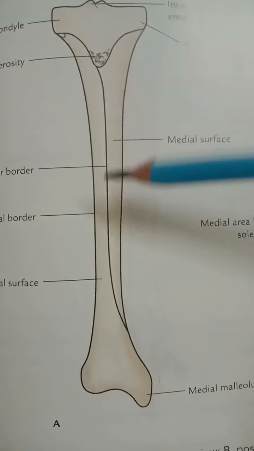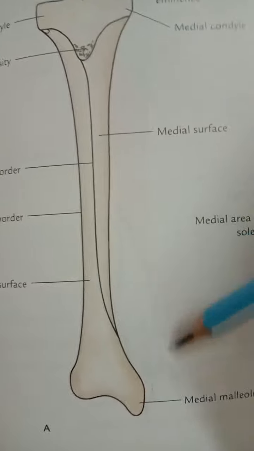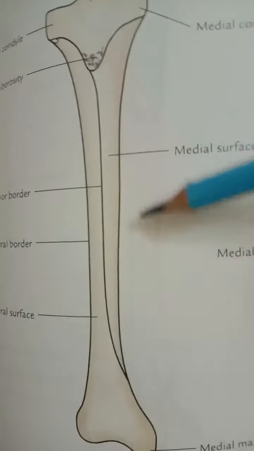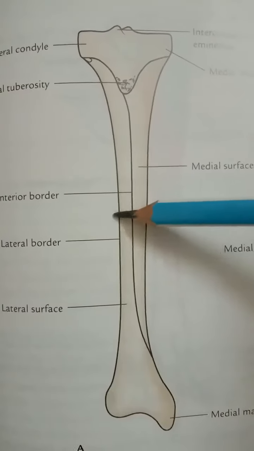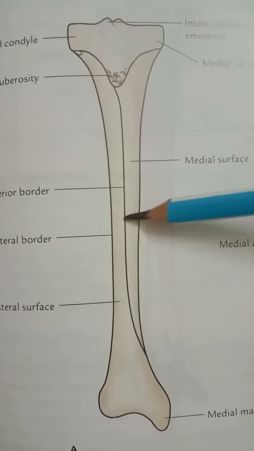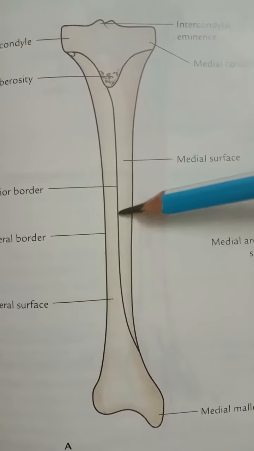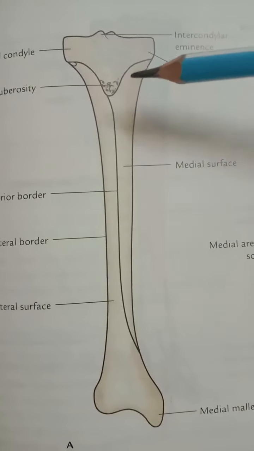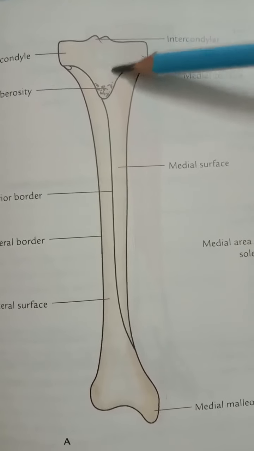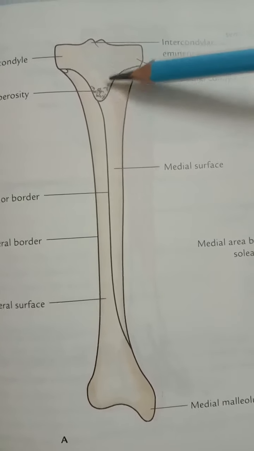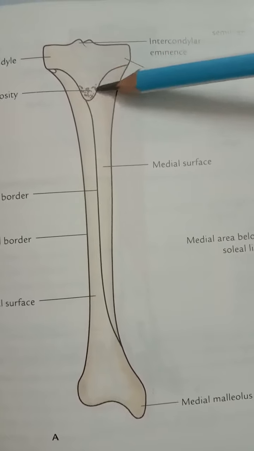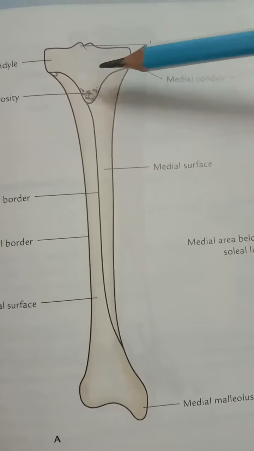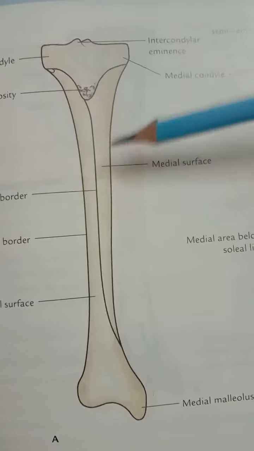The ossification of the tibia. The tibia ossifies from one primary center and two secondary centers. The primary center appears in the shaft during the 7th week of intrauterine life, and the secondary center for the upper end, this one, appears just before birth and fuses with the shaft at the age of 16 to 18 years.